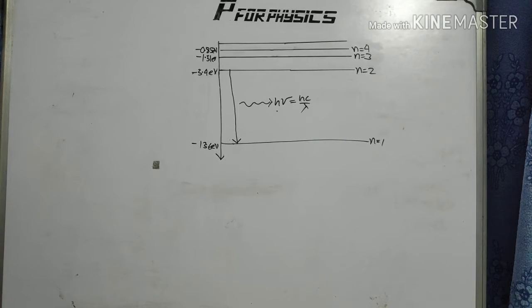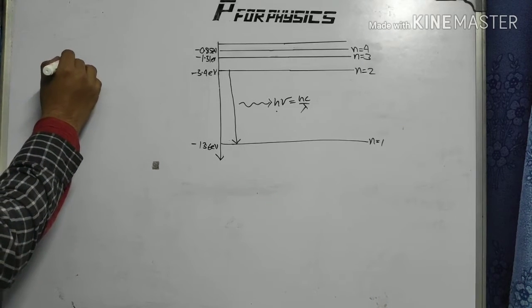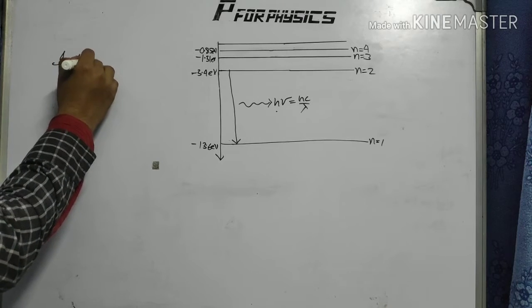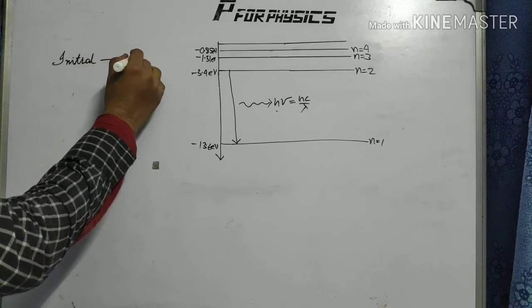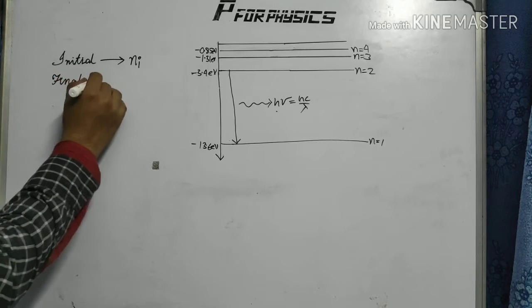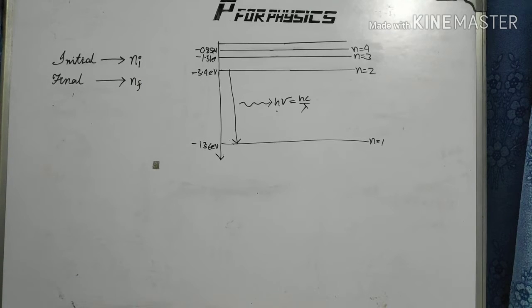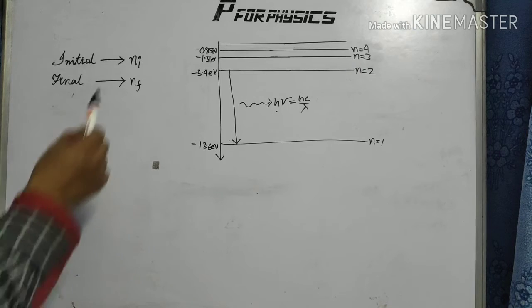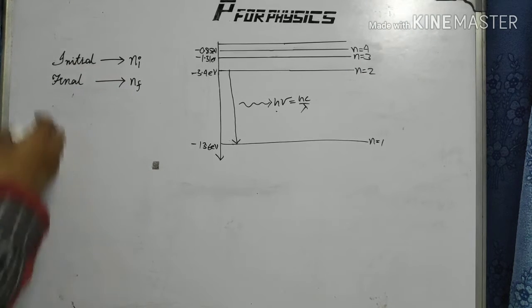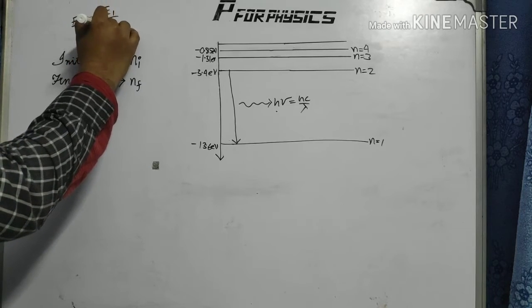So the idea is, say the electron initially belongs to orbit number ni. So initially it is in orbit ni and it jumps to an orbit nf. Okay, so we need to find the energy gap of these two orbits. So we'll be using this formula, En equals E1 by n square.